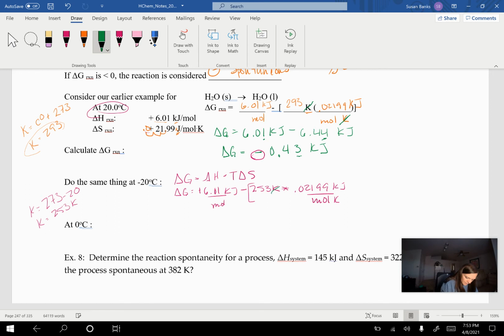So our Kelvin cancels out and we're left with kilojoules per mole, which is what we wanted.